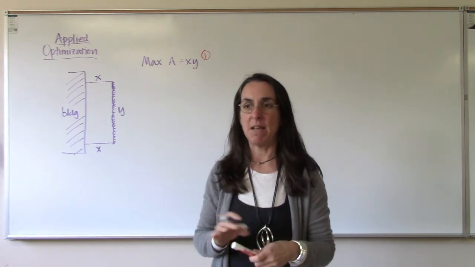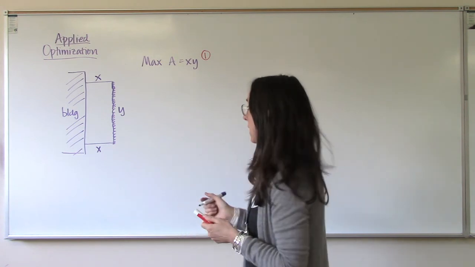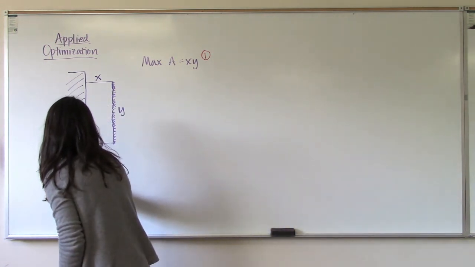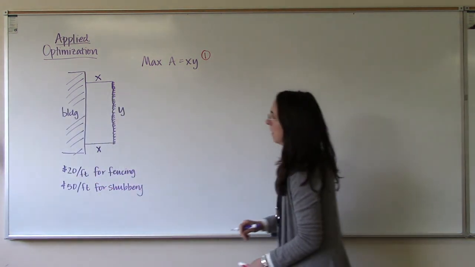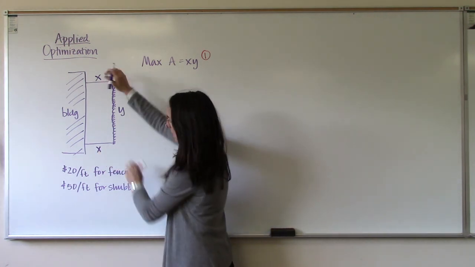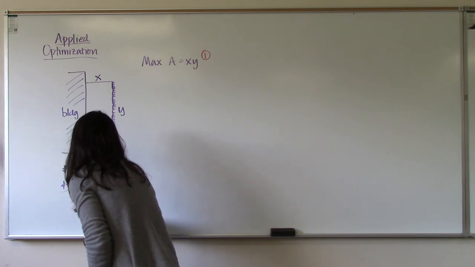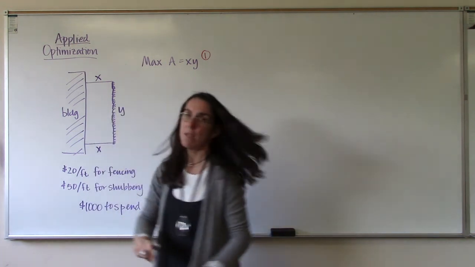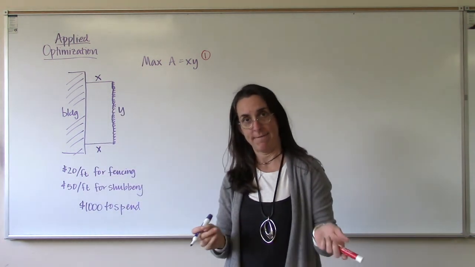For this project, I have $1,000 to spend. So this side costs $50 a foot. These sides cost $20 a foot, and I have a total of $1,000. So my constraint is that I can't spend more than the money that I have, okay?